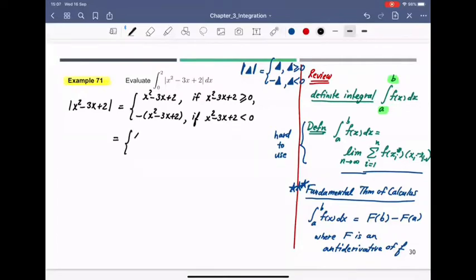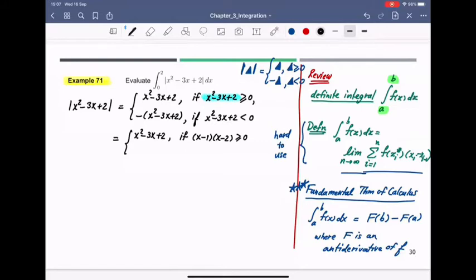That means it's x squared minus 3x plus 2 if x squared minus 3x plus 2 is greater than 0. You can factor this, so I'm going to factor it as (x minus 1)(x minus 2) greater than 0.